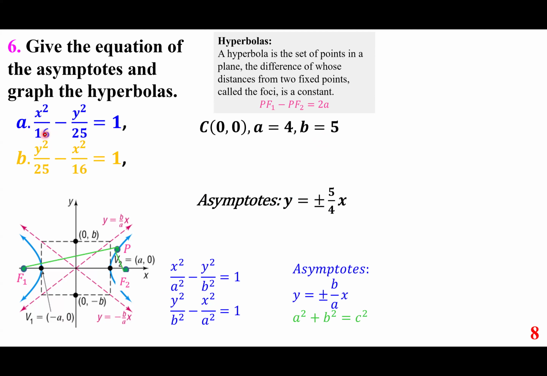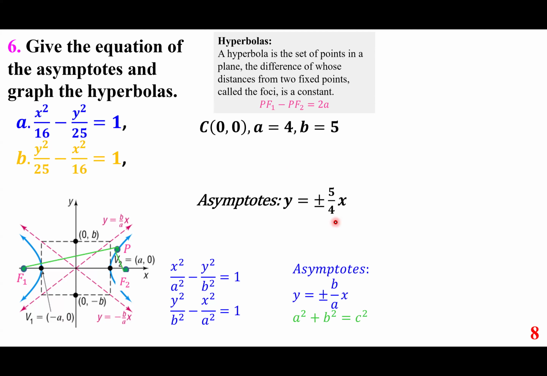By the way, the asymptotes are identical for both of them, plus minus b over a, that means plus minus 5 over 4 x. So these two are universal and they are not changing.